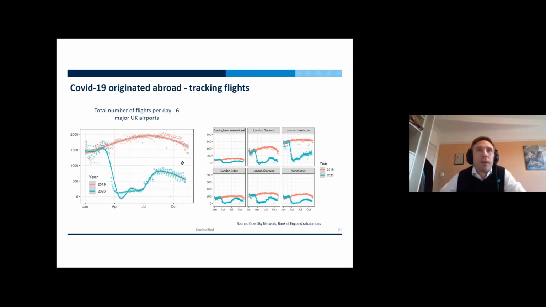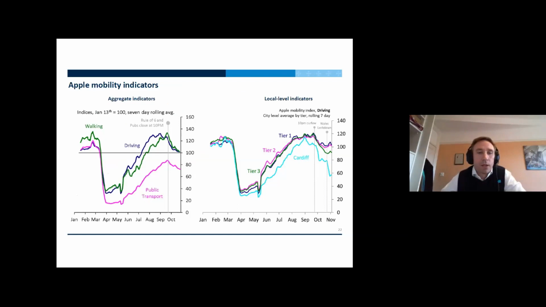So moving on to other mobility indicators, and there's a lot of them around. They're probably the most widely used faster indicator out there, so I won't spend that long on them. I'll show you some other things instead. But here's a couple of Apple mobility charts. The left-hand side shows trends in driving, walking and public transport since the start of the year.